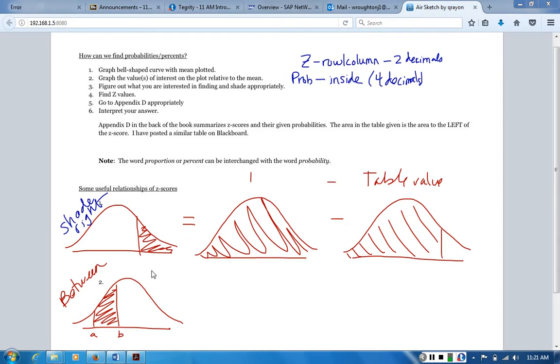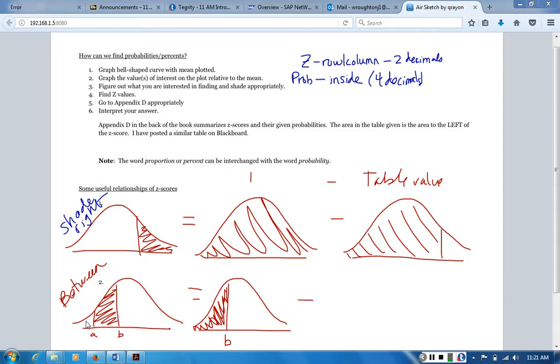Now what I'm going to do is based upon the actual table. So the table is shaded to the left. So I have to work in things that are shaded to the left. So I'm going to start by taking everything that's to the left of B. And if I compare that to what I want, I have too much, right? I don't want this piece. I only want everything from left of B to here. So I have too much.